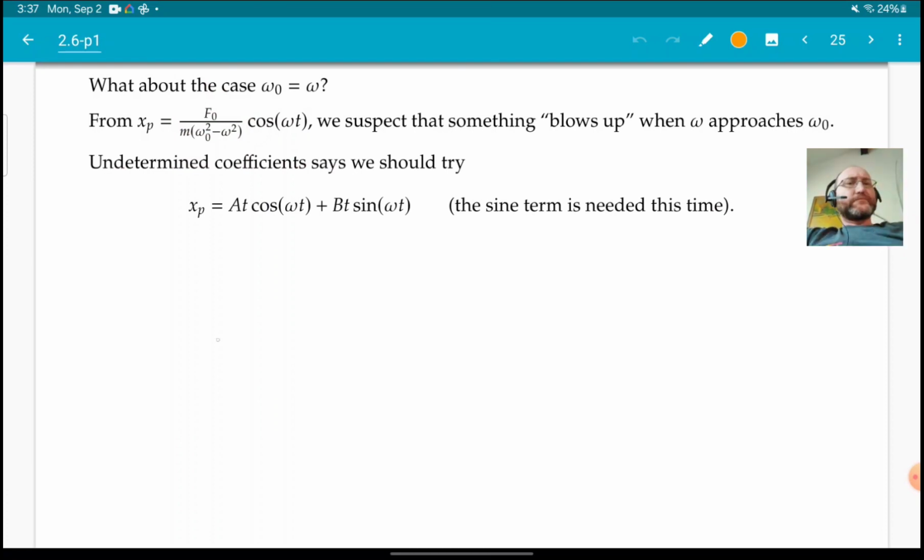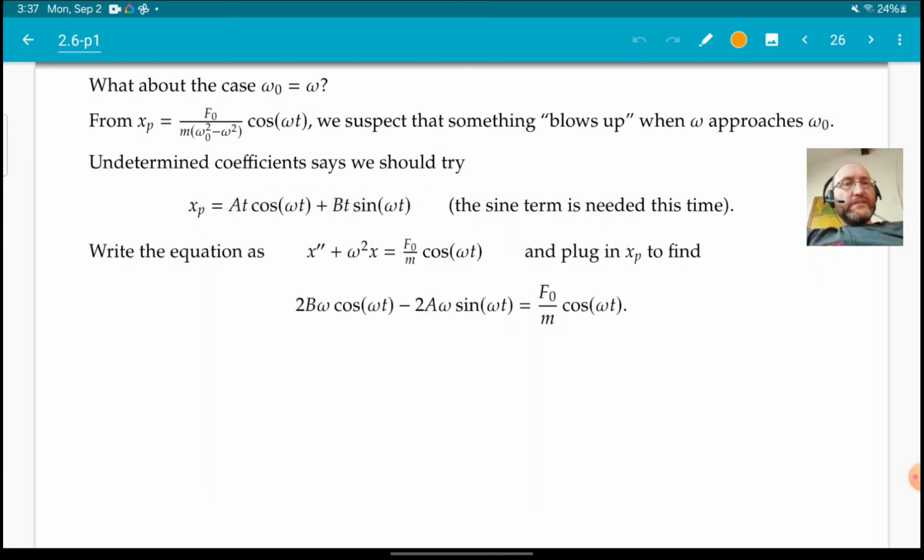So let's try to solve it. Undetermined coefficients says that basically we should try something like this. In this case, we do need the sine term because of that t, we will get sines and cosines in the derivatives. So we need to put in all of that. And so we plug this guy into here, and this is what we get.